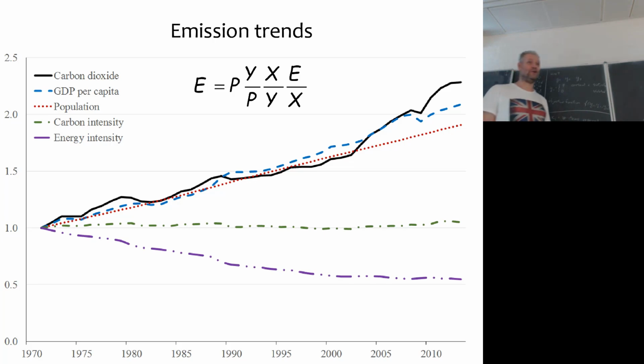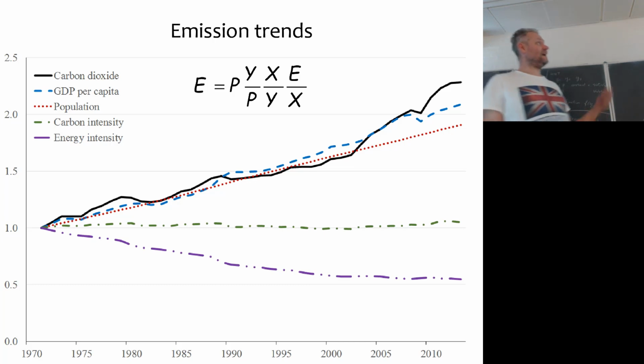It's also useful. In the black line, you're looking at the change in carbon dioxide emissions over the last 45 years or so. And what you see is that over that period, emissions have roughly doubled. These are emissions from fossil fuel combustion only. And you may ask yourself, why?